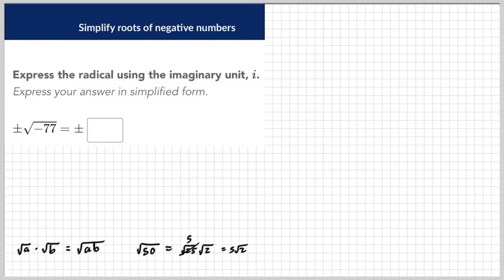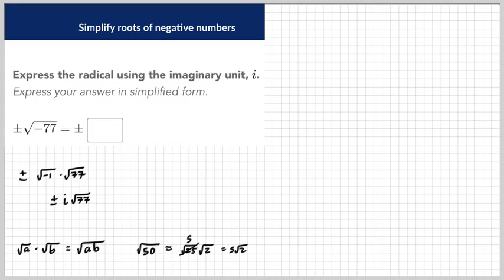So, if you were trying to write this with not a negative inside of it, we could just go square root of negative 1 times square root of 77. Plus the minus out in front. Okay, do you guys know what the square root of negative 1 equals? I. Now, I like to write it like this. I like to write the I here, but I believe a lot of people like writing the I after the square root.